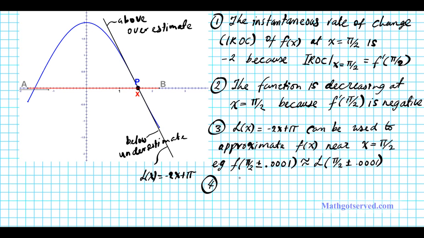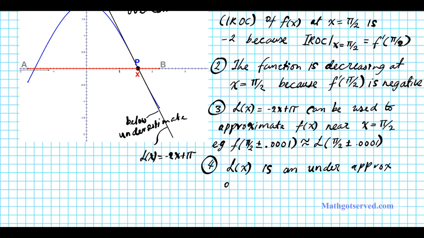Okay, so let's write that down in the last piece. Question number 4, L of x is an under approximation of f of x when x is greater than the point of tangency.